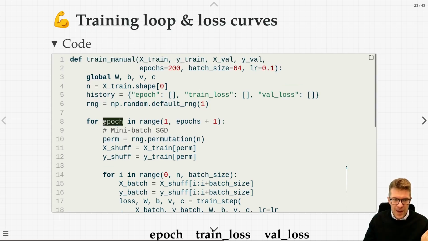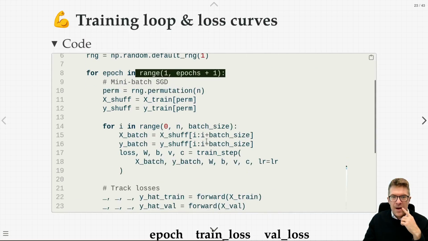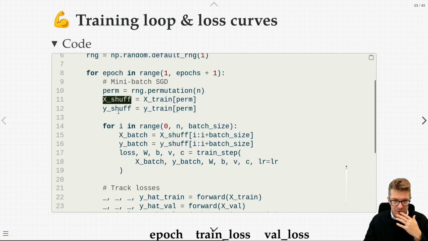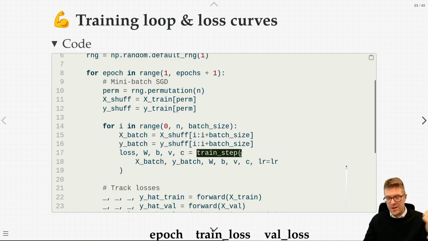There's a for loop that runs through all of our epochs and the number of epochs we want to run. And then for every epoch, we just shuffle the data, we pull out a batch, which is here, and then we pass that batch to our training step, which we just walked through on the previous slide.